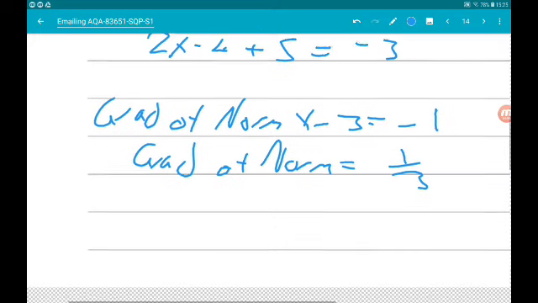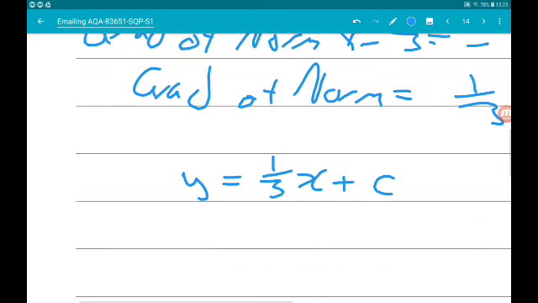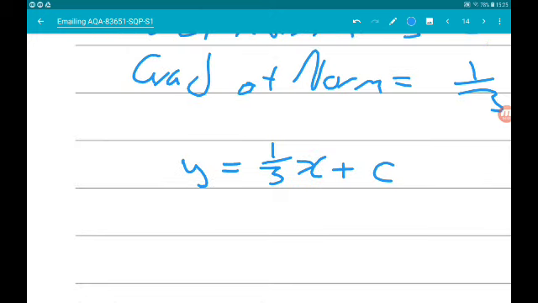Right, almost there. Now we need to remember the general equation of a straight line, y equals mx plus c. So here we know y is 1/3 x plus c. Now we need to find the value of c. So to do that, we substitute in the coordinates of the point. So x is minus 4 and y is 4. So, sub in x equals minus 4, y equals 4.